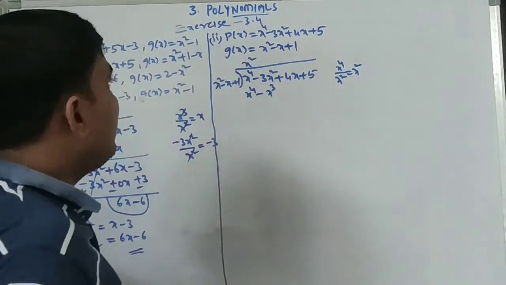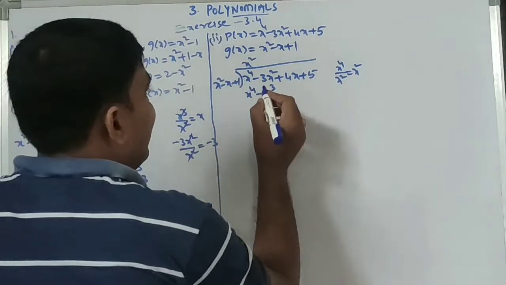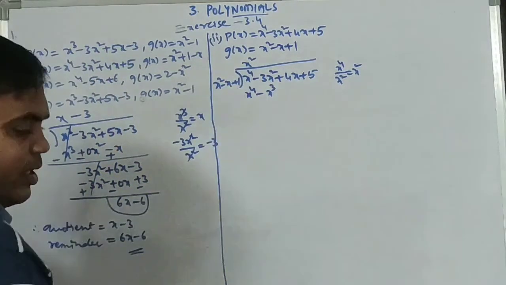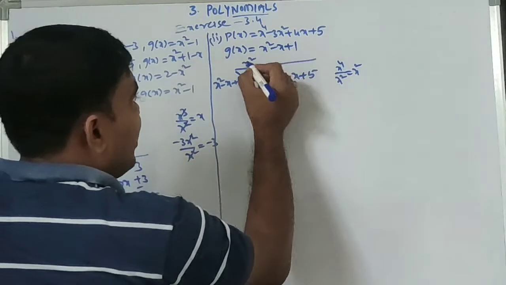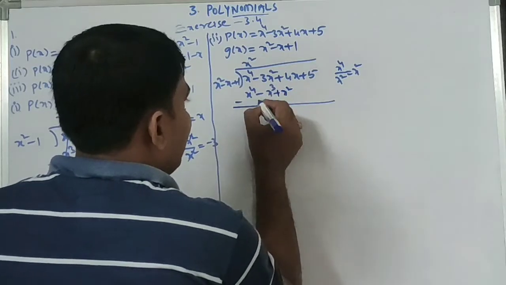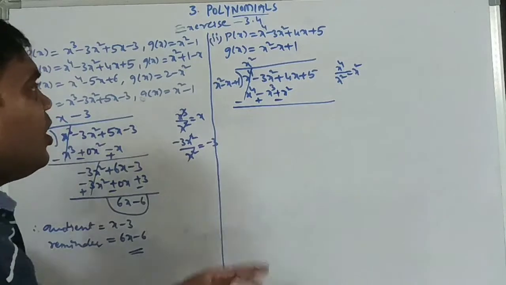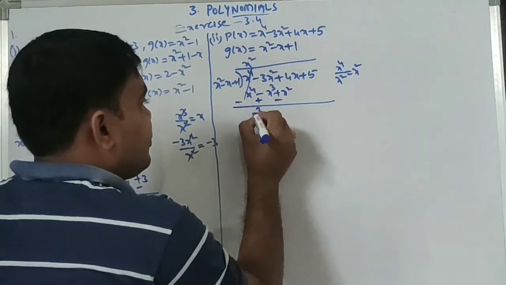Actually here the x cube term is not present, so in the middle I am taking 0x cube. So first 1 into x square, minus, this plus minus x power 4. So here it is nothing, x cube, so simply plus x cube.